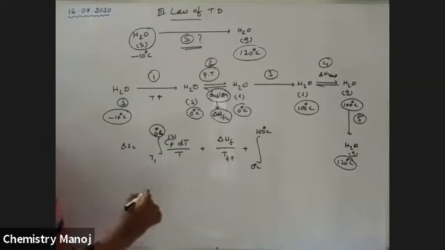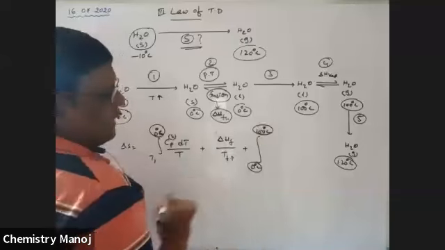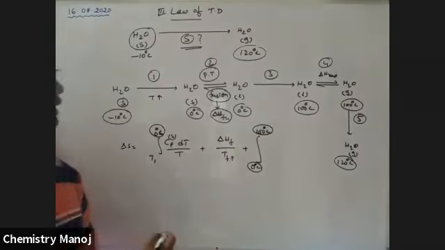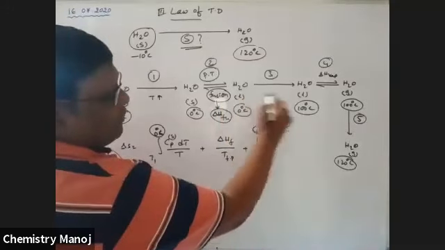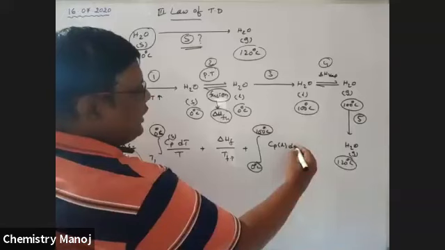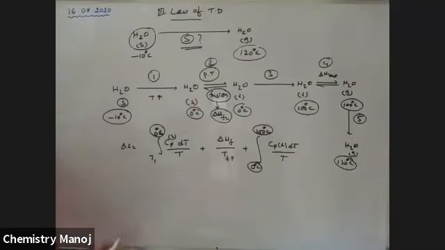For our understanding I am using degree centigrade values, but we use Kelvin scale temperature values. For the liquid, the formula Cp of liquid dT by T is used. It is for the third one.